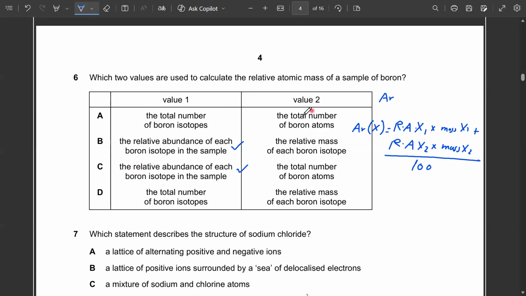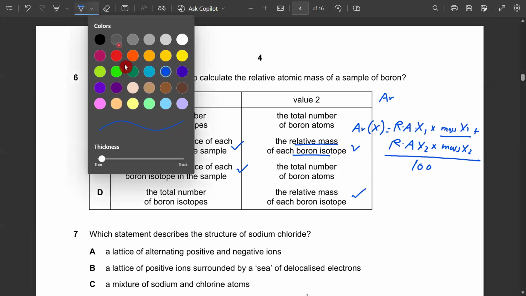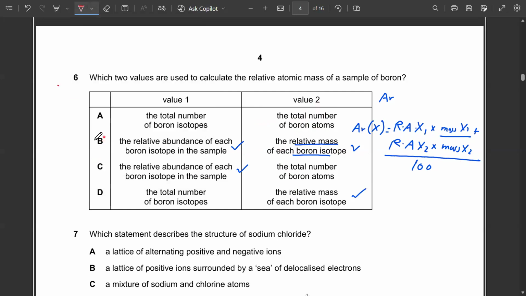Then value 2 says the total number of boron atoms. Again, no, we do not require the total number. We just require the relative mass of each boron isotope, which I indicated over here. Relative mass of all the isotopes. So from here we have the relative mass over here and relative mass over here. So in this way, the correct option becomes the B option.